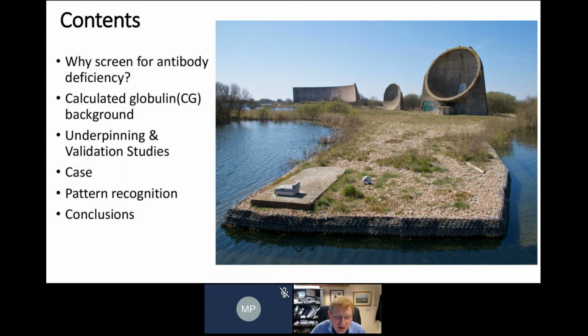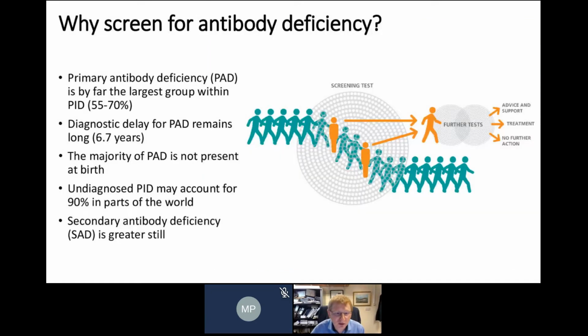What they were trying to do was listen for planes coming across the sea to the UK, and the mirrors focused on a microphone so that they could get an early warning, if you like, of an attack. And essentially calculated globulins were also trying to get an early warning of antibody deficiency before problems can arise.